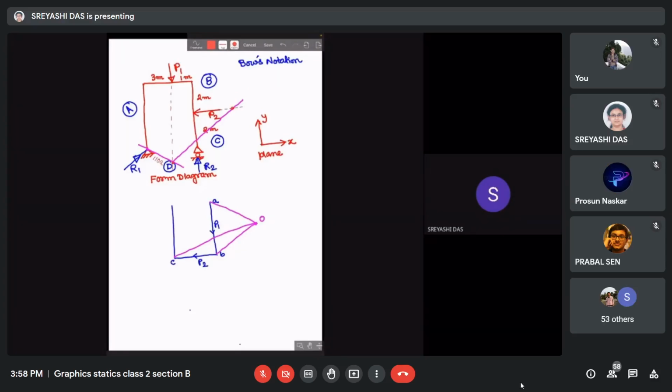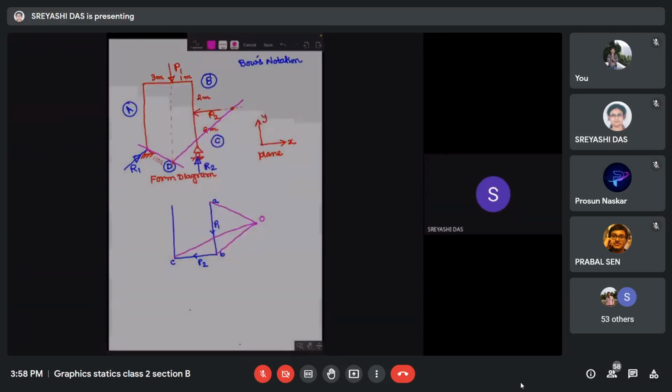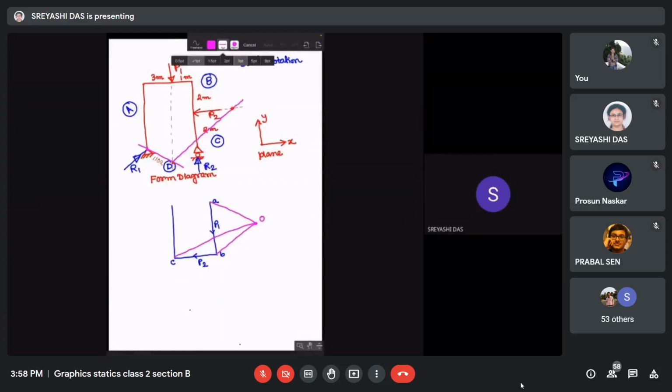Now, we will draw the line parallel to OC from this node, and that will cut this force direction R2.